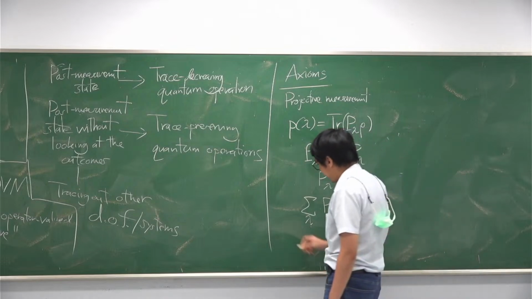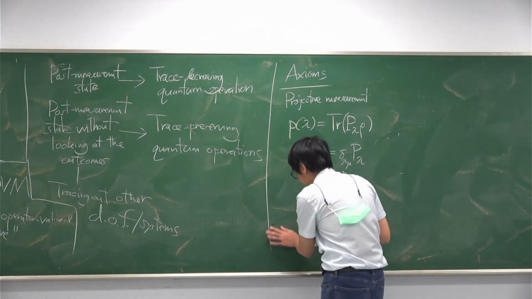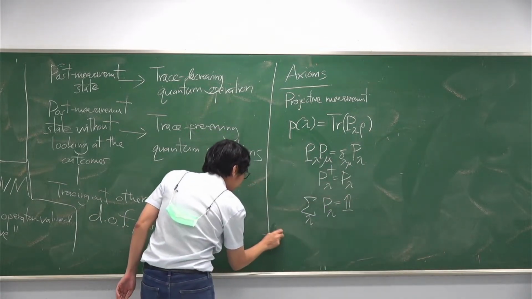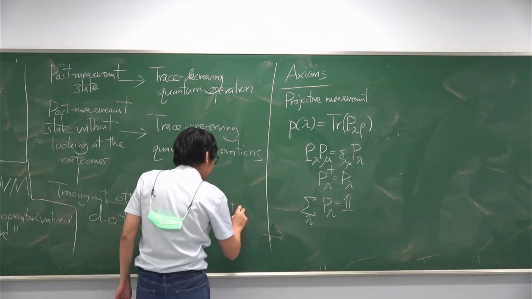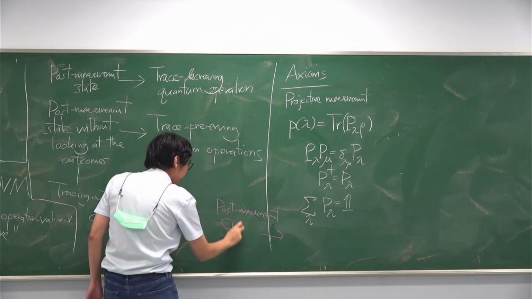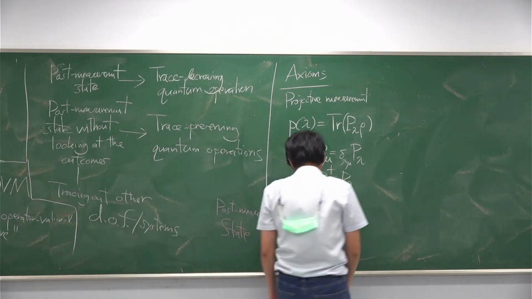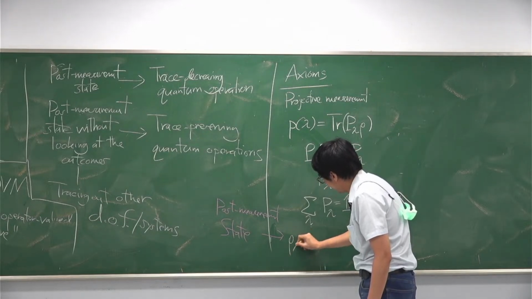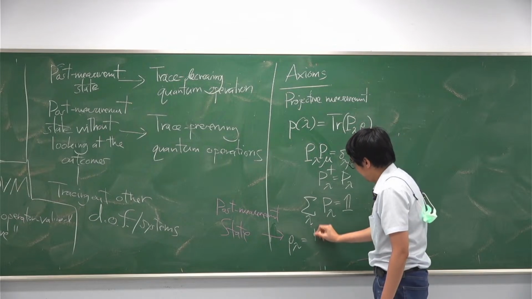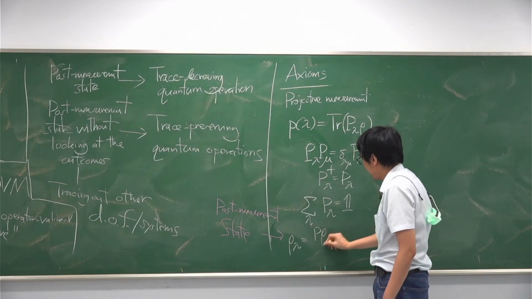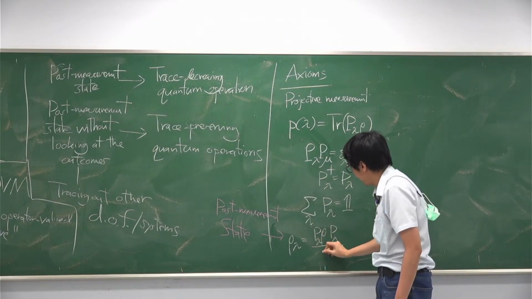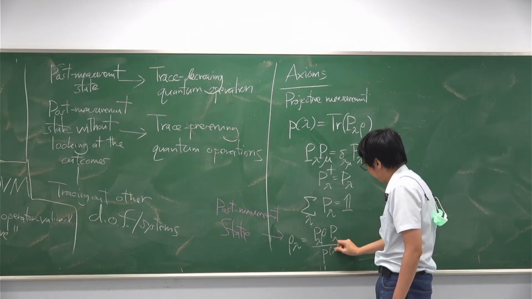And the state after measurement, the density matrix after I obtain an outcome lambda, I just project the original state with the projector lambda, and then divide by the probability over here.